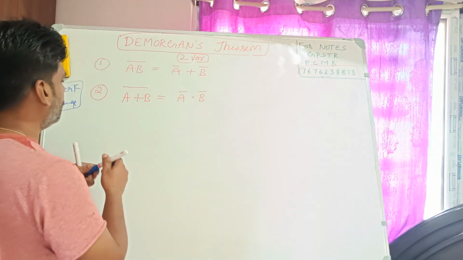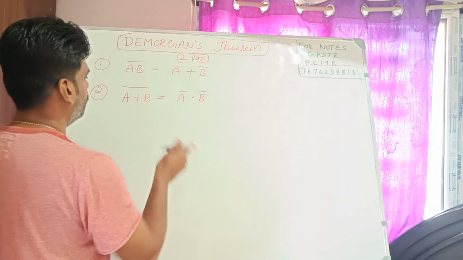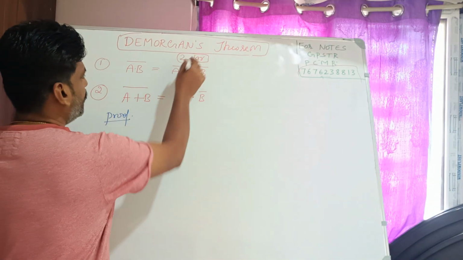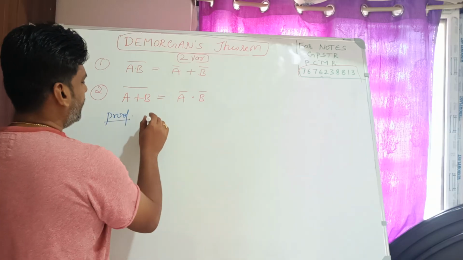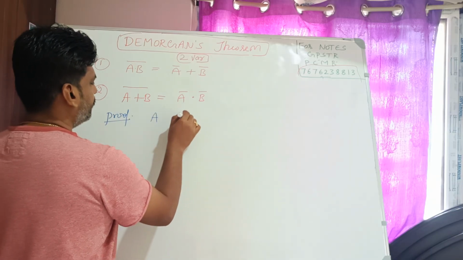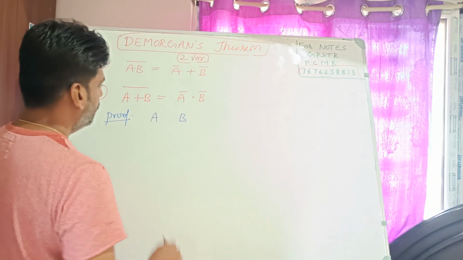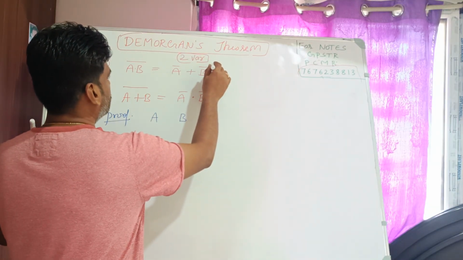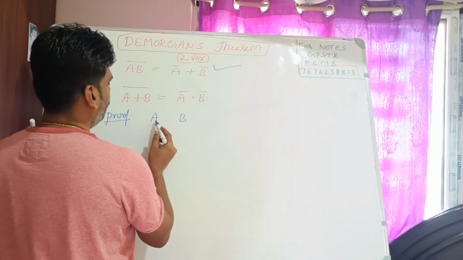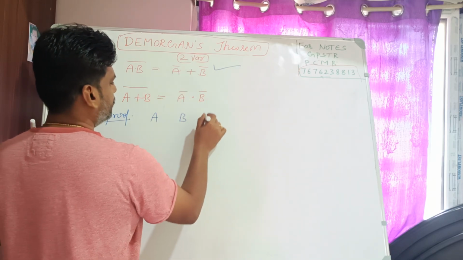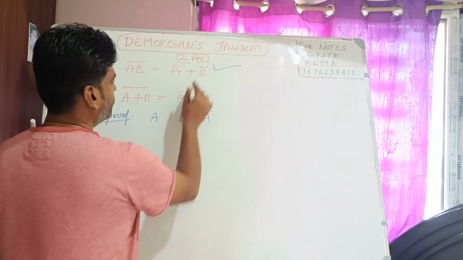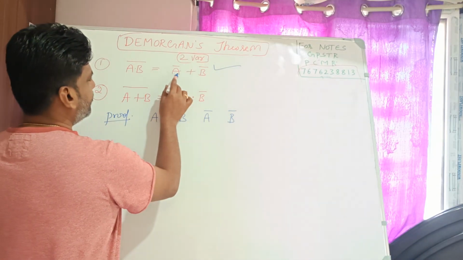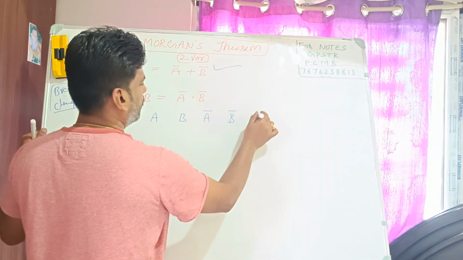Now we should go for the proof. So how to go for the proof? Since we have taken two variables, we'll write those variables A and B. After that, I am going to take the first one. With respect to A, the next is A complement, I will write it. With respect to B, B complement, I will write it. Then after that, I will write here the LHS.